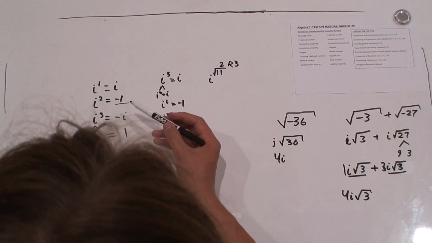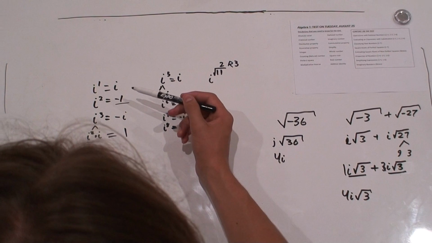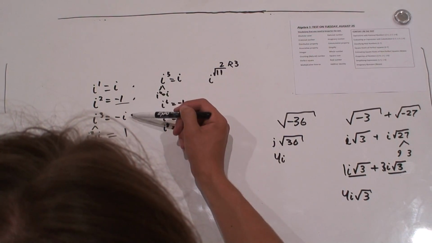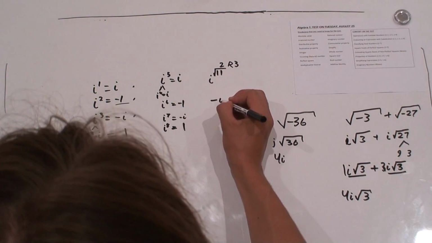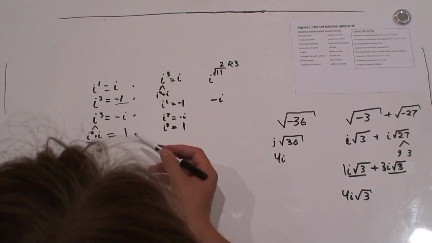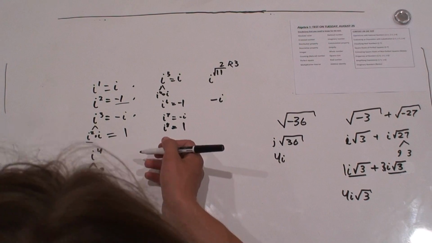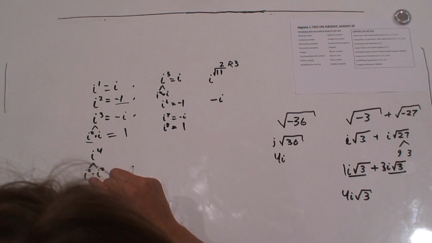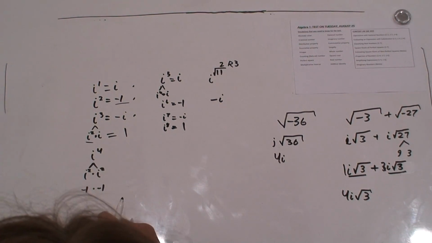So we look here, okay, there's a remainder of 3. So we go 1, 2, 3, that's it. Our answer would be -i, because it does repeat in this pattern: i, -1, -i. Let's do some more problems, just in case you are still confused.